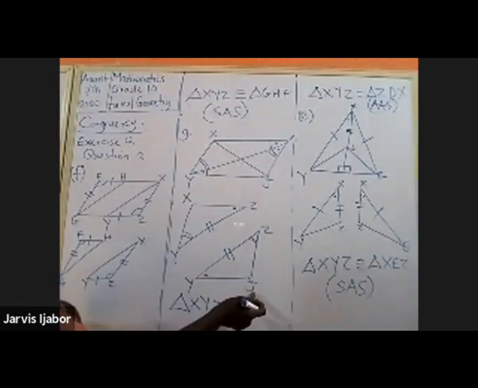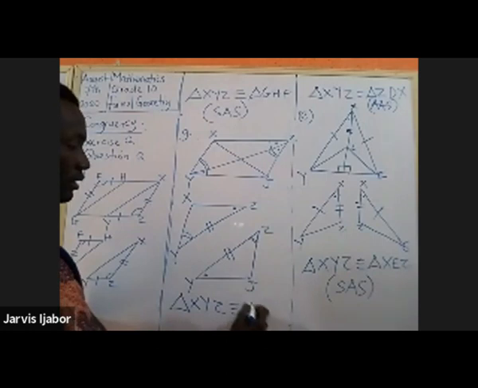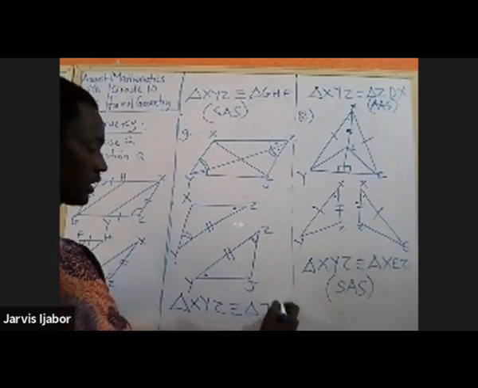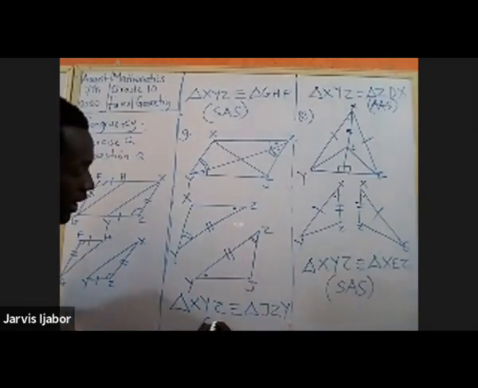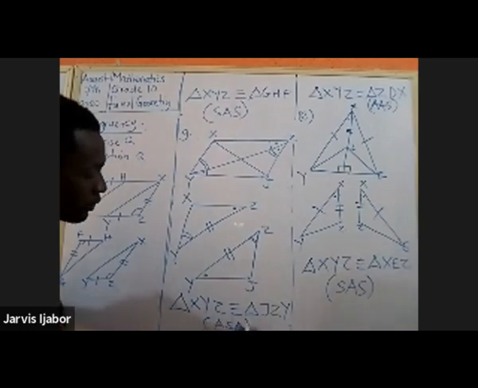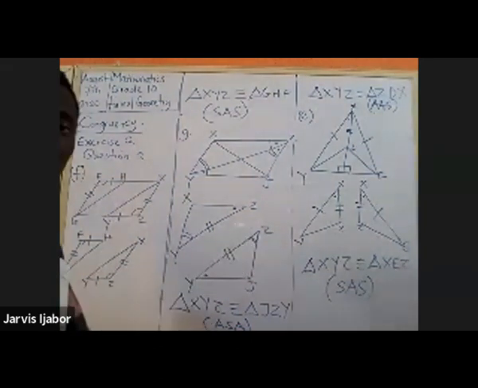J, Z, Y. Now, what is the relationship connecting this? It will be what? Angle, side, angle. Angle, side, angle. Is that clear? All right, so that takes care of G.